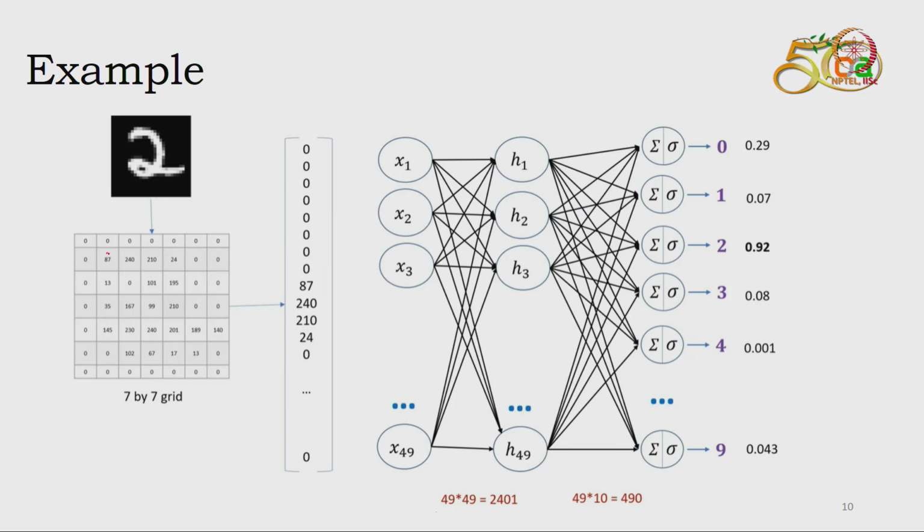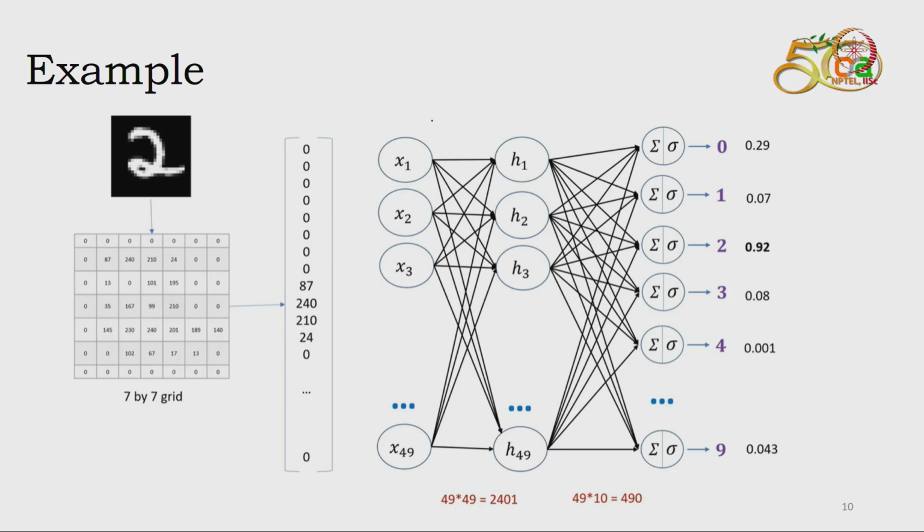You can see that there is a value present here. If you look into this particular matrix, it is a representation of the handwritten digit 2. Since it is a 7 cross 7, that is 49. So, the input dimension here is 49. Now, this is a diagrammatic representation.